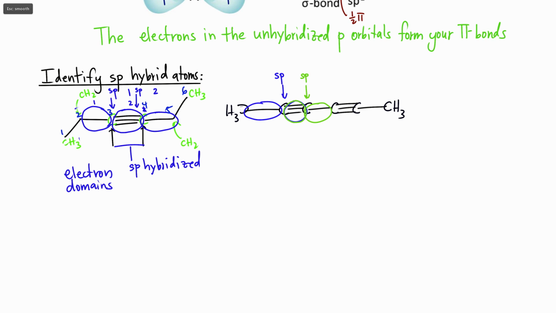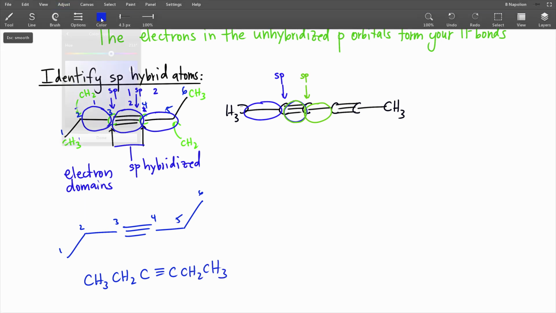That's kind of messy. Okay, so we have 1, 2, 3, 4, 5, 6 carbons. So this would be a CH3, CH2, carbon, triply bonded to carbon, CH2, CH3.